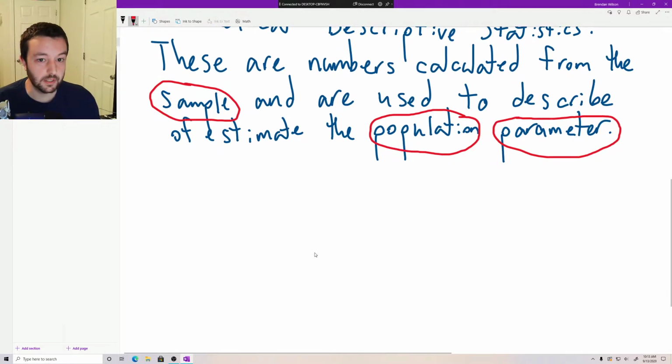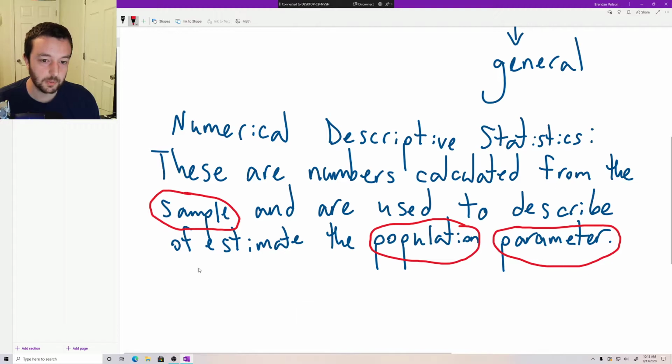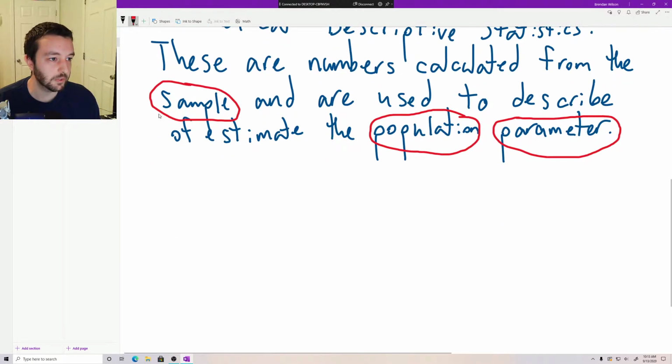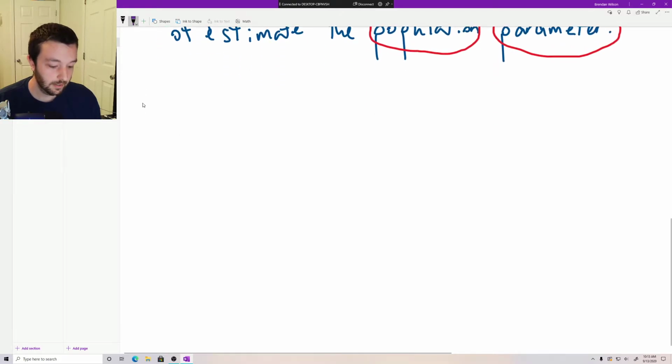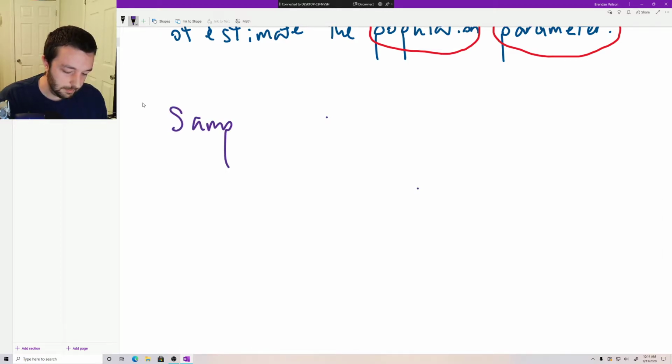These are 3 words we really need to define carefully before we really talk about them. So we'll come back to this definition after we do that. So first of all, let's look at a sample versus a population.